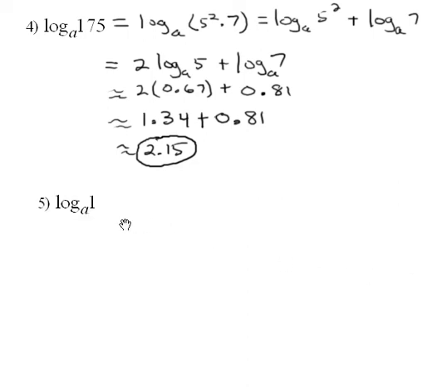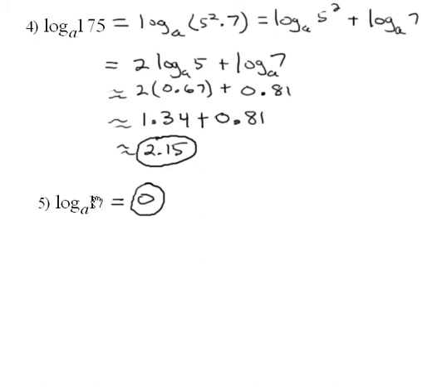All right, now this one, the log of 1, so far all we're given is 5 and 7. But we should know our little properties of logs from a previous episode that anything to the 0 power is 1. So a to what power is 1? A to the 0 power is 1. Now I'm not going to write this out, but another way you could do this is you could write 1 as 5 divided by 5.